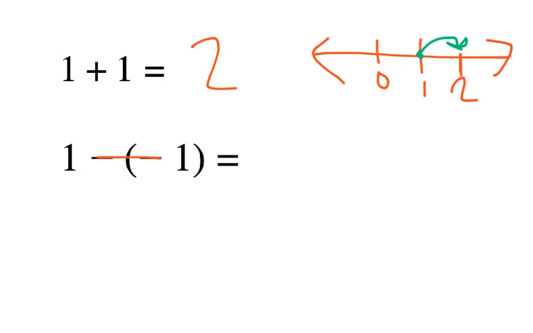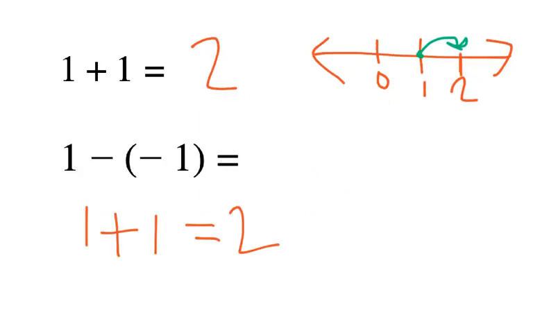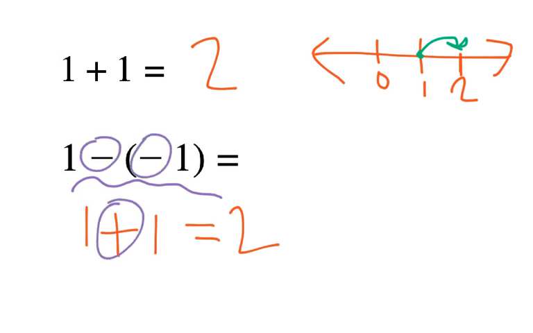So 1 minus negative 1 is the same as 1 plus 1, and that equals 2. So when you are adding a negative, that's the same as subtracting. Adding a negative is the same as subtracting. Subtracting a negative, this negative undoes that negative, and it ends up being addition.